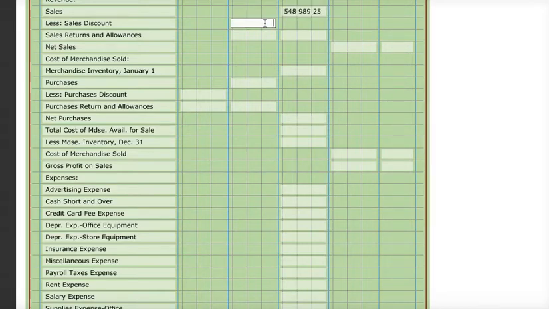Minus my sales discount, less sales discount. My sales discount was $661.69. And my returns and allowances was $3,512.84. Now these are all numbers I'm pulling right off of my worksheet that was given to me with the directions.